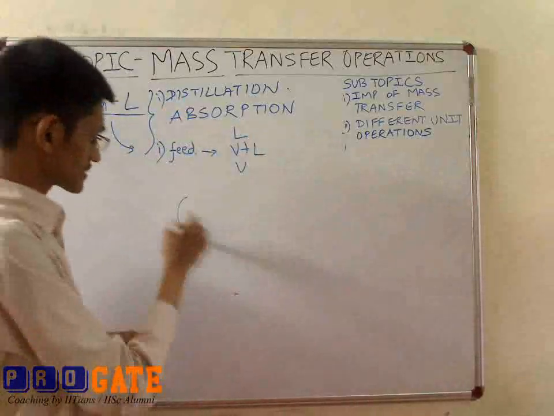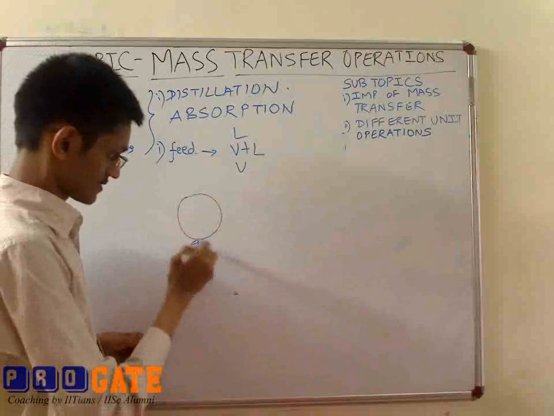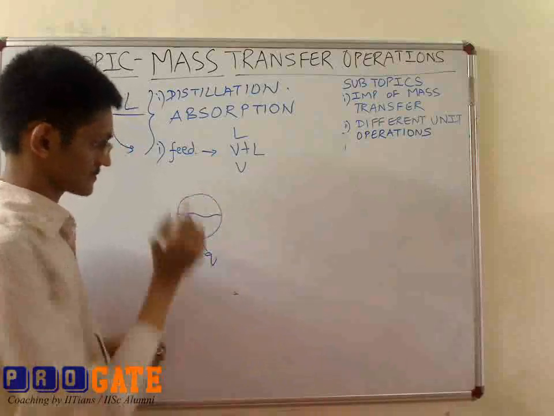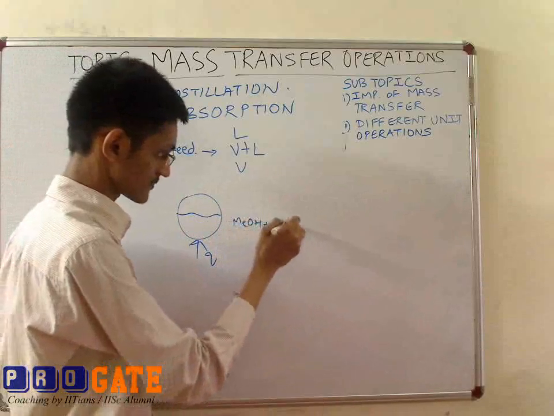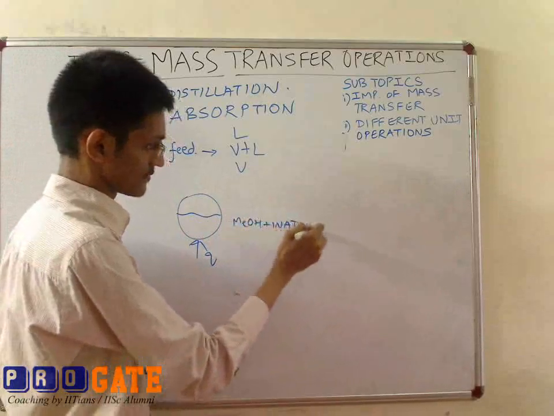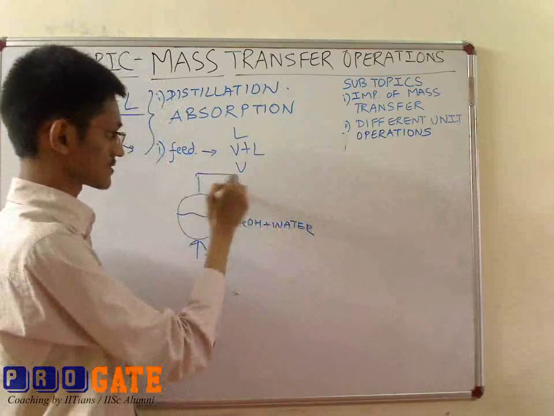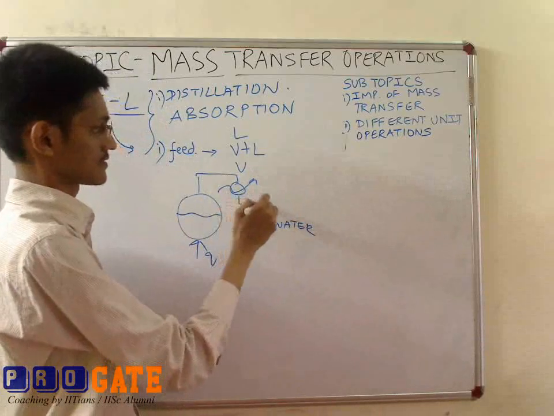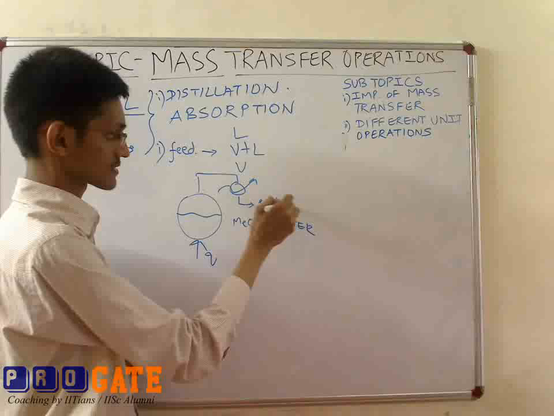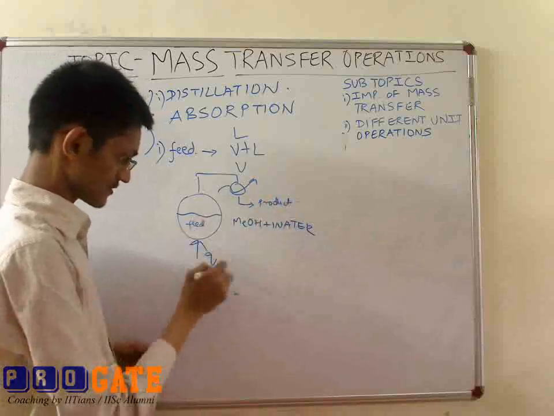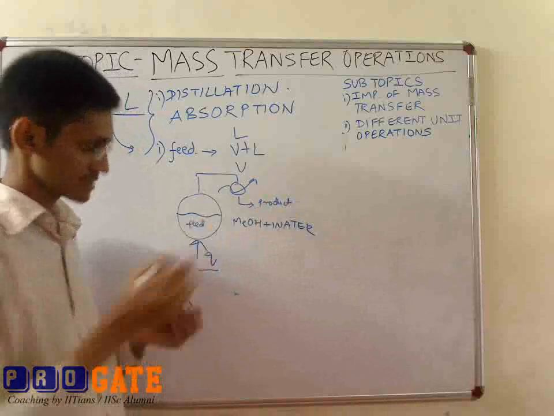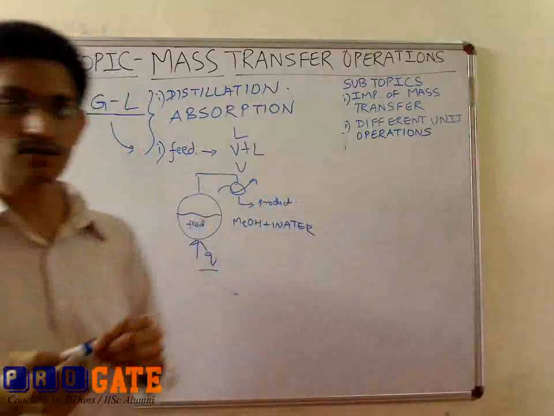You provide heat to the system. Let's take the example of MeOH plus water as the feed. We have provided heat input and vaporized. You get the product, which on condensation gives the liquid.